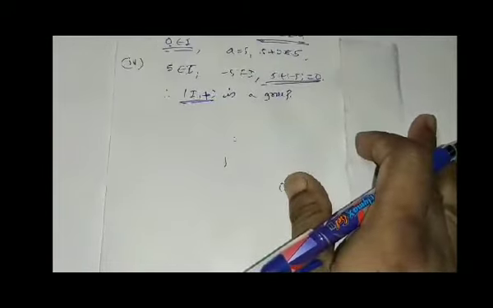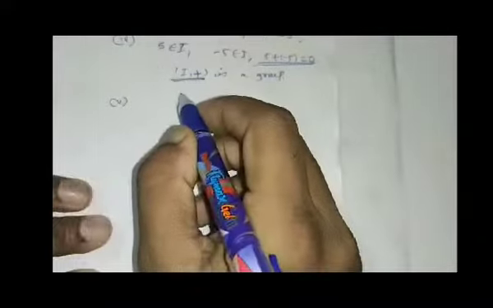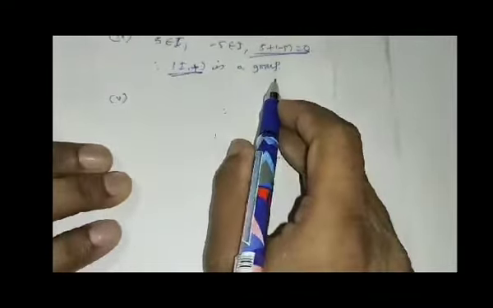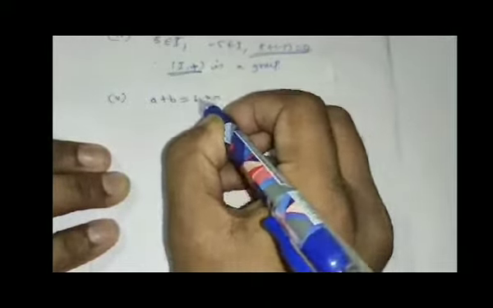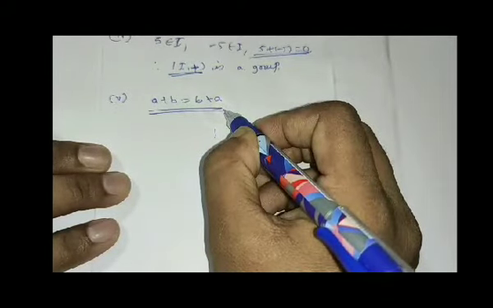Now we discuss whether it is an abelian group or not. No doubt we check the fifth condition, or fifth postulate. And what is the fifth postulate? Check a plus b is equal to b plus a. In the set of integers, the sum is commutative.